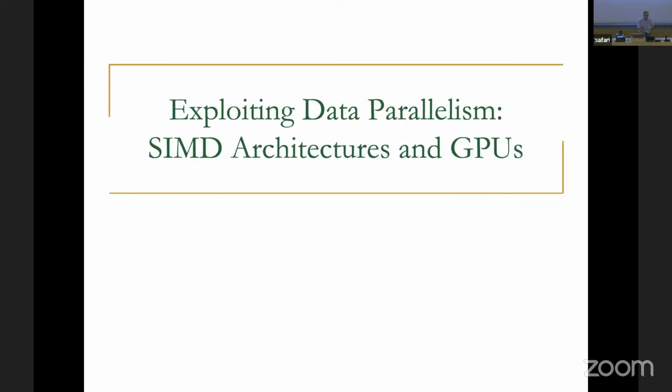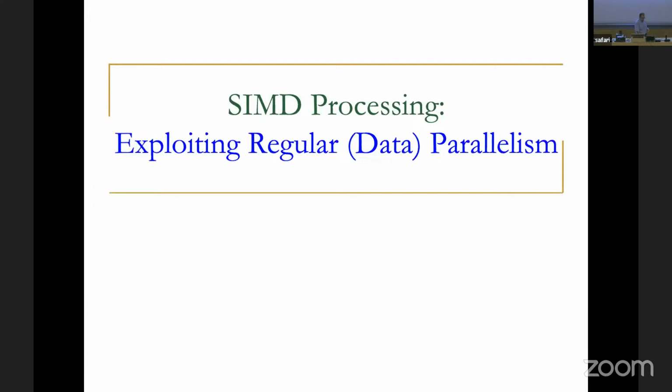Basically, we want to exploit data parallelism, and we're going to see what data parallelism is. SIMD architectures and GPUs are prime examples of architectures that benefit from data parallelism. SIMD processing is a system that's going to exploit regular parallelism, and it can be regular data parallelism as well.